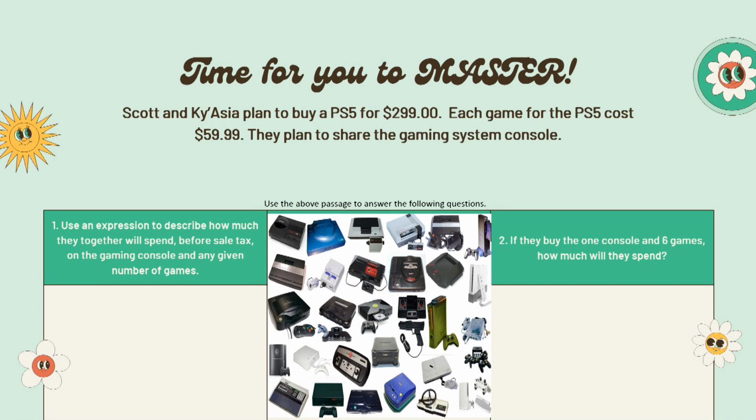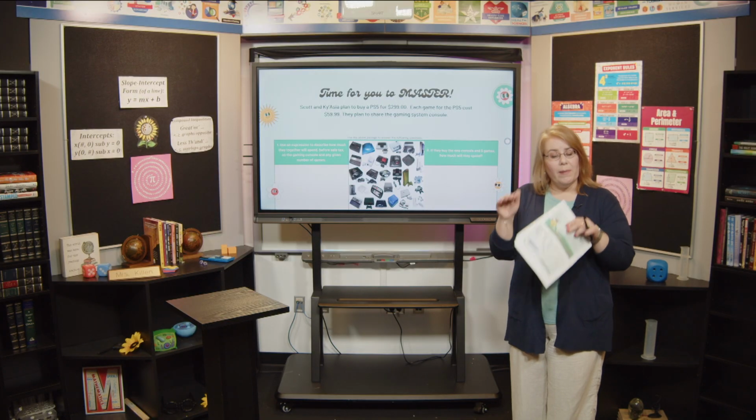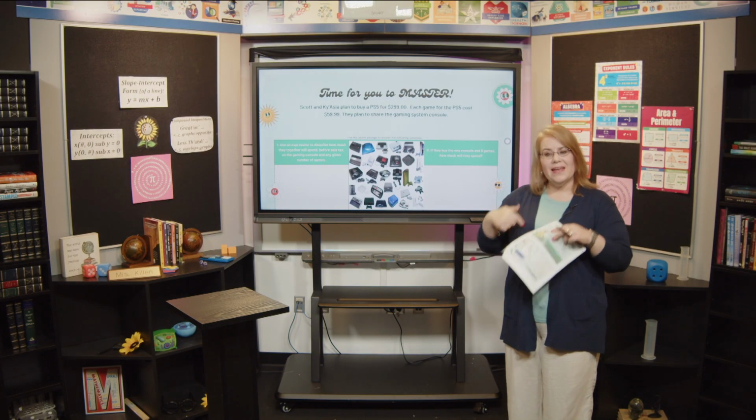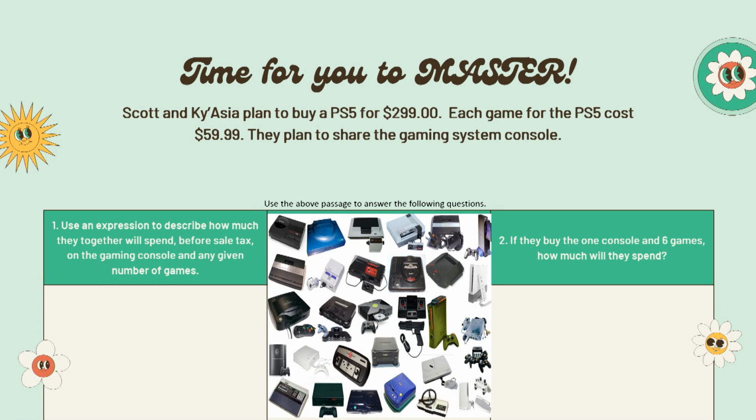Use the above passage to answer the following questions. Number 1, use an expression to describe how much they together will spend before taxes on the gaming console and any given number of games. Number 2, if they buy the one console and 6 games, how much will they spend? Go ahead and pause the video, work it either by yourself or with your table partner, and then come back to me and let's see what we got.